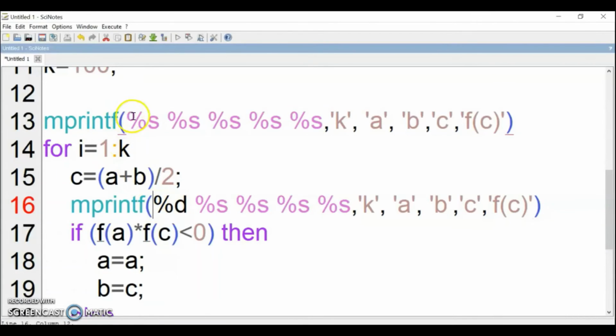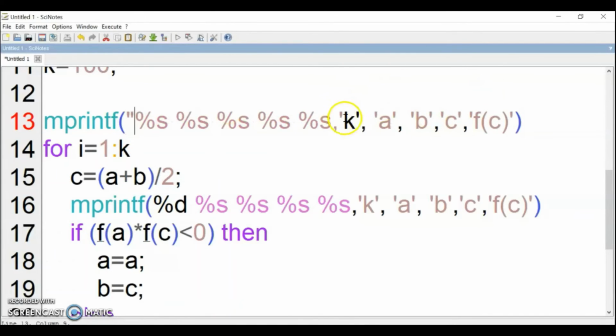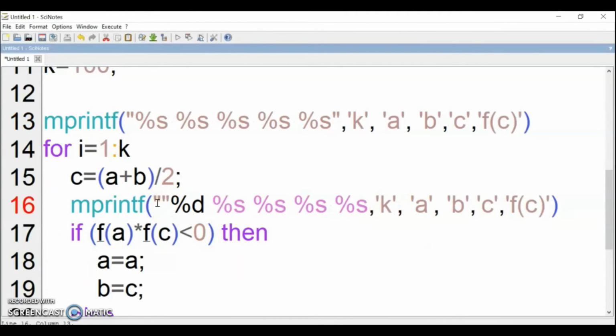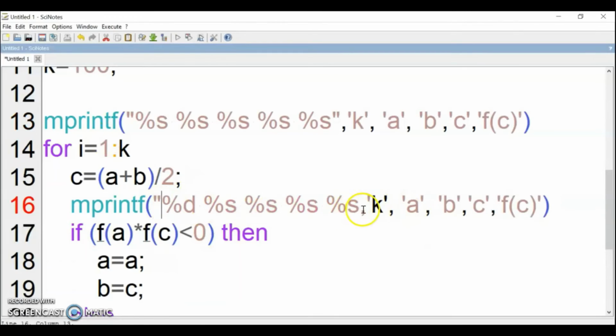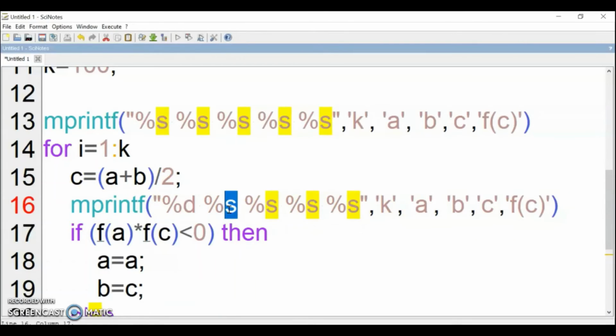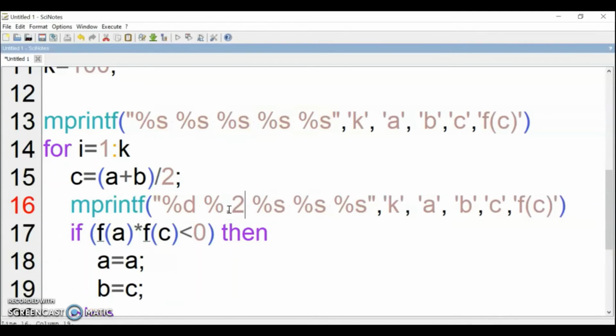So I need to have a quotation from here to here. And similarly for this one, I need to have a quotation from here to here. For a here is a decimal point, so that will be like 2 decimal points, so 2f.